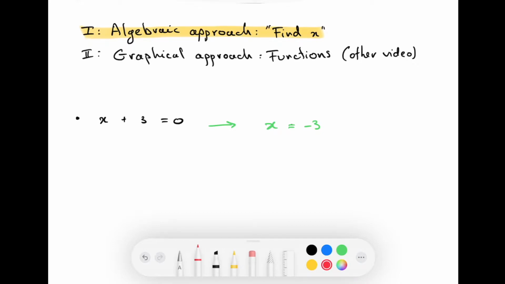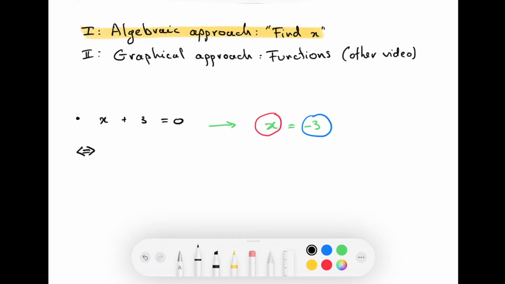So we see here that the answer consists of an x on the left-hand side of the equation and a number on the right-hand side of the equation. So how do we achieve this? Well, we just want to get all of the x expressions on the left-hand side and all of the number expressions on the right-hand side. So let's see how this goes into work.